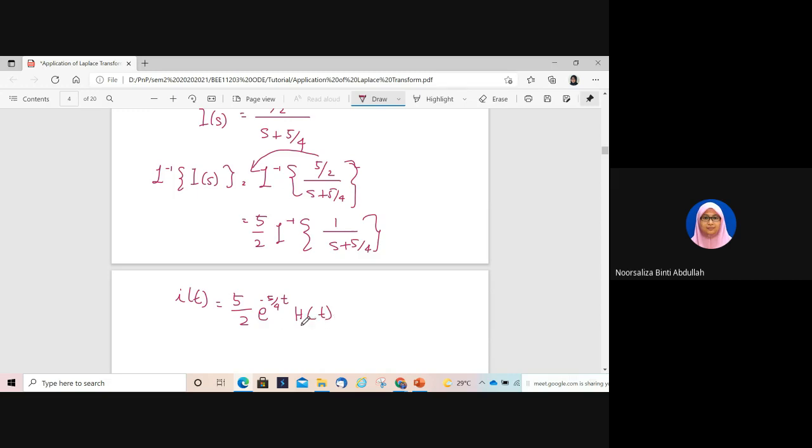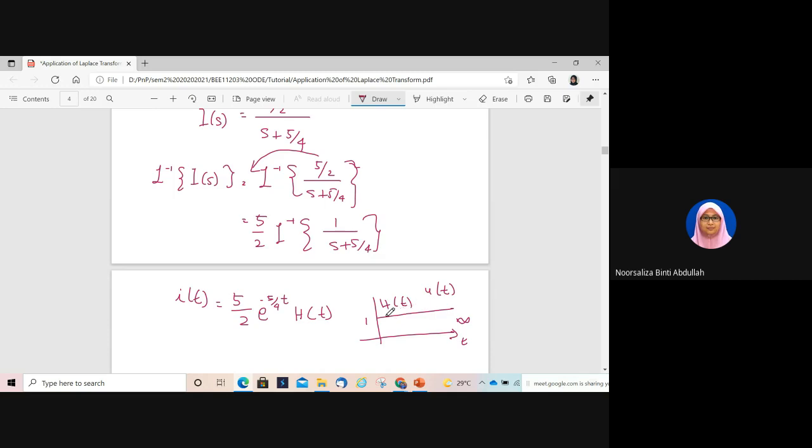And you have it times h(t). So you know what h(t) is? h(t) is a unit step function, which means you multiply with this one. In an ODE, we note it as h(t). But next semester, when you take Signals and Systems, you will use u(t). It's the same thing.